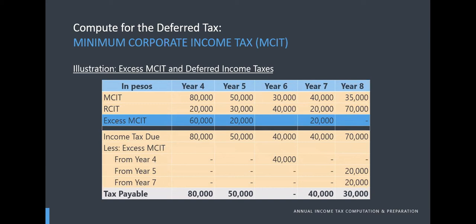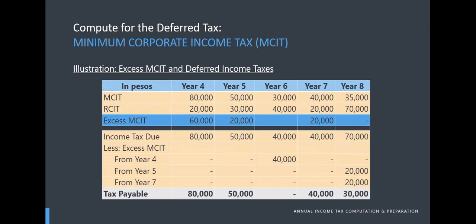This income tax due must be reduced by 40,000 only of the excess MCIT from year 4. So in the end, tax payable is equivalent to 0. So the taxpayer, the company, obtained the benefit of not paying any taxes during year 6.